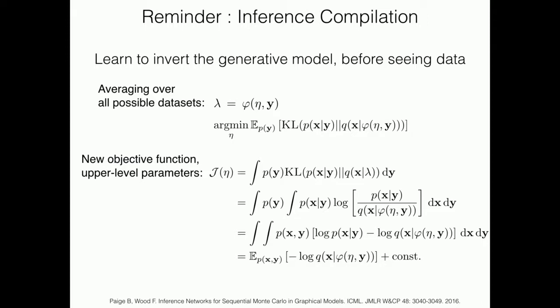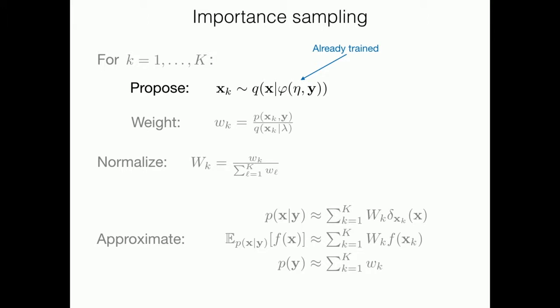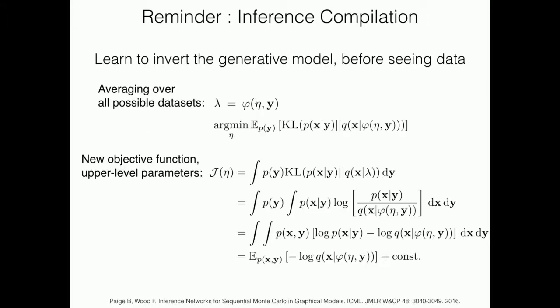So this is the objective. We learn an eta, and then we use this in importance sampling. But it's an incredibly good proposal that's been trained by stochastic gradient descent on samples drawn from the joint, optimizing this objective, which minimizes the KL divergence between the proposal and the posterior on average over all possible Ys, right?